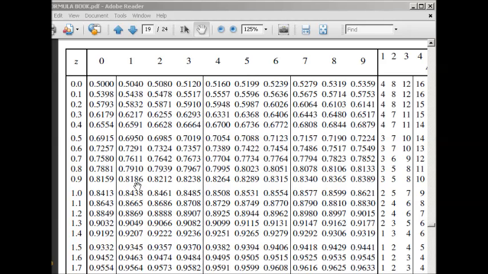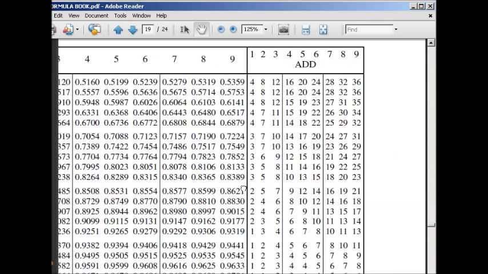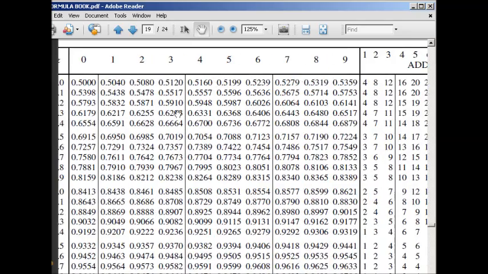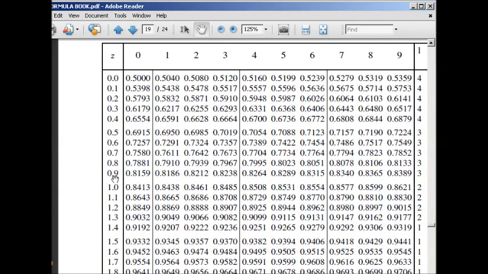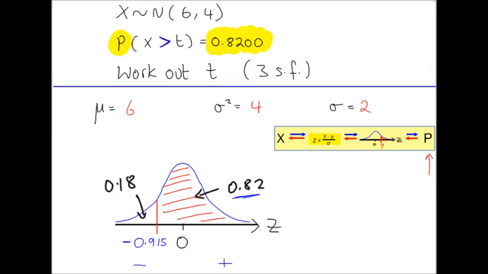So to make this up to 0.82, we need to add 14 to this. So just follow that row to the end, and adding 14 means we can use either of these two. If I stick with the 13 there, it means 5 is my third decimal point. Okay, so 0.91 and then 5 from the other side.